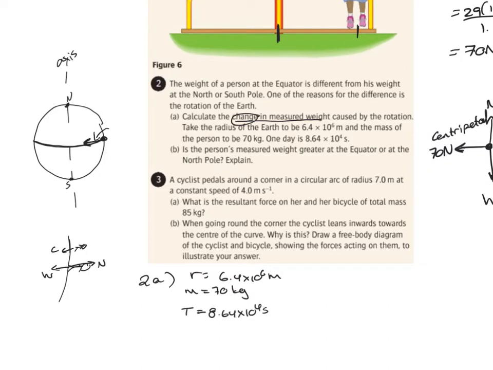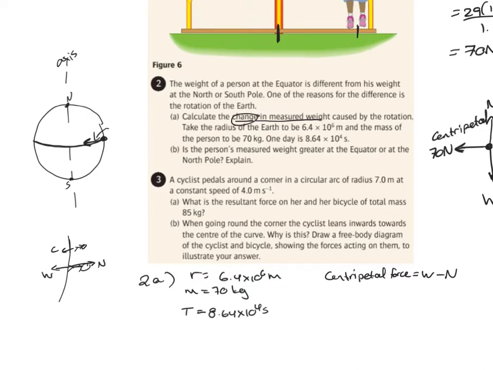So in other words, what you have is a general expression that centripetal force is equal to the weight minus the normal contact force.